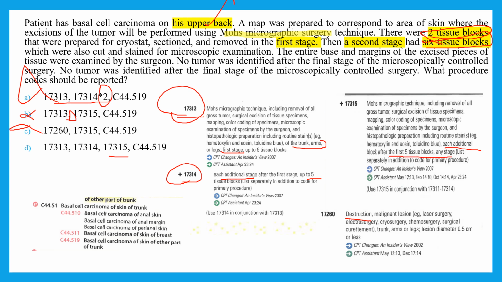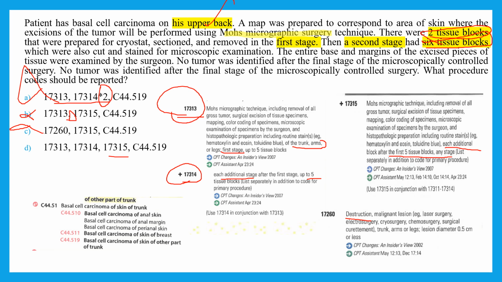For example, if in your first stage you remove 7 tissue blocks, don't confuse yourself. Only one stage is given and 7 tissue blocks means for 5 tissue blocks you get the code 17313, along with that 17315, because we need to account for another 2 tissue blocks. That's why we are appending 17315 here.